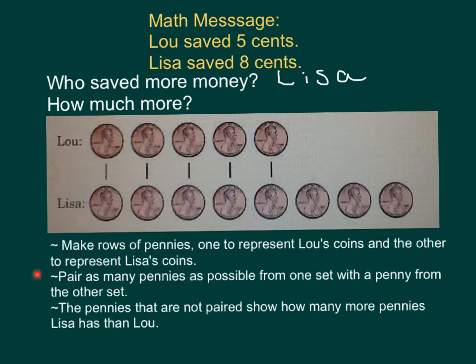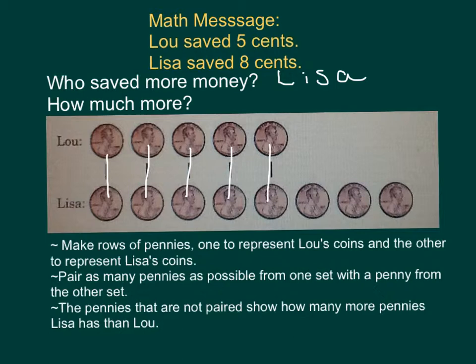So if we look at our second step here, we're going to pair as many pennies as possible from one set with a penny from each to the other set. So here we drew little lines, and I'll add that these 2 pennies can go together, these 2 pennies go together, these 2 pennies go together, these 2 pennies can go together, and these 2 pennies go together.